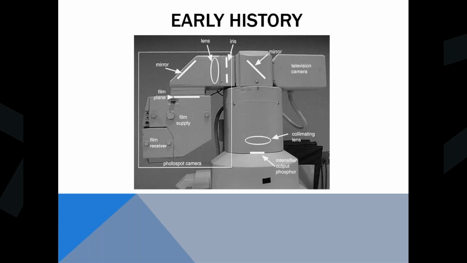The film would then be developed and then viewed on an external viewer. They were using basically this technology up until the late 80s, early 90s. So it's not as distant as you might think based on the age of the technology.